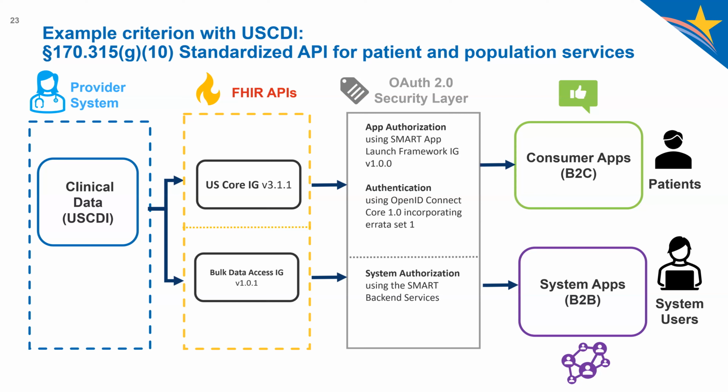And then consumer and system apps can then use these secure FHIR APIs to access clinical data from providers. So these technical features and support for standards that we just went over in a criterion form requirements that are tested as part of certification. We can go to the next slide.